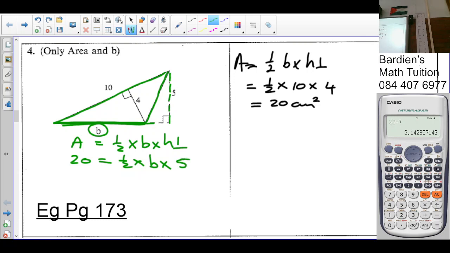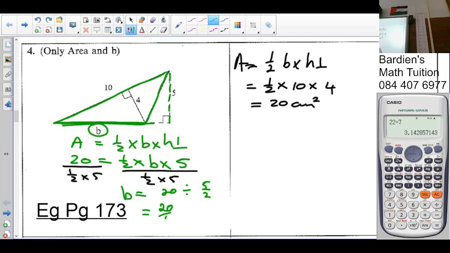How do I get B on its own? I divide by half times 5 on both sides. So B is equal to 20 divided by half times 5, which is 5 over 2. Now your fractions have come into play here. So it's 20 over 1 multiplied by 2 over 5. So 40 divided by 5 is 8. So that is 8 centimeters.